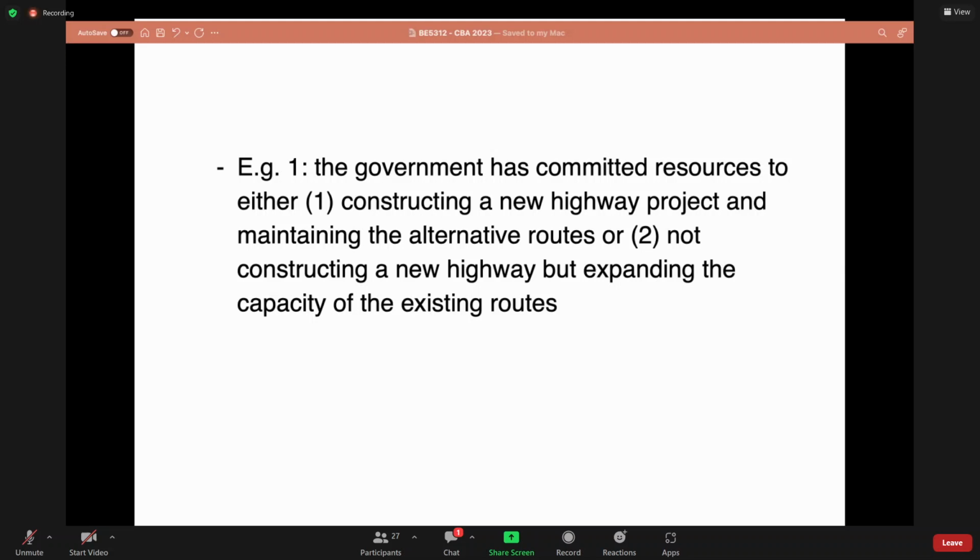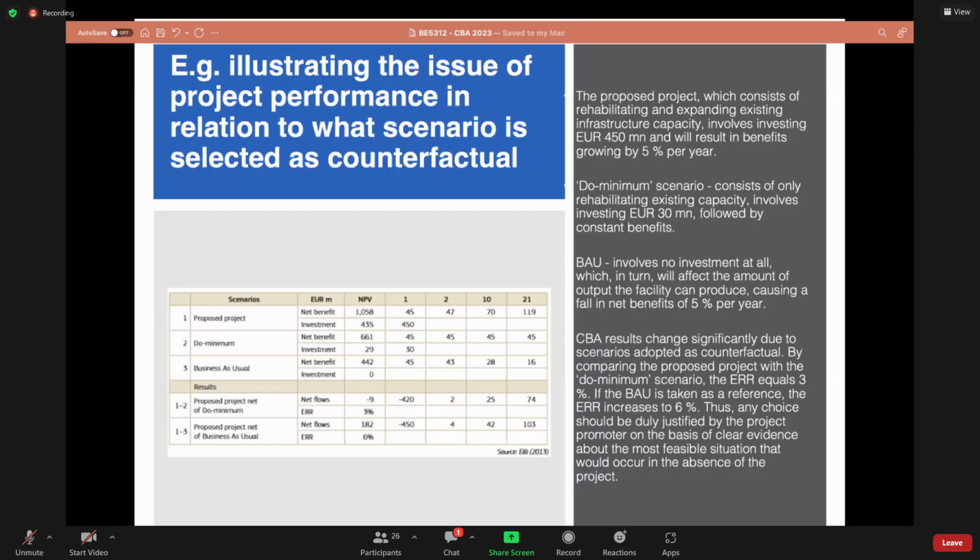Or it might be that we have to expand our existing road network because what we have now is not sufficient. So clearly we have to identify what we are comparing against: the situation with the project and the situation without the project. Depending on what you select for your counterfactual, the results of your analysis would be different.